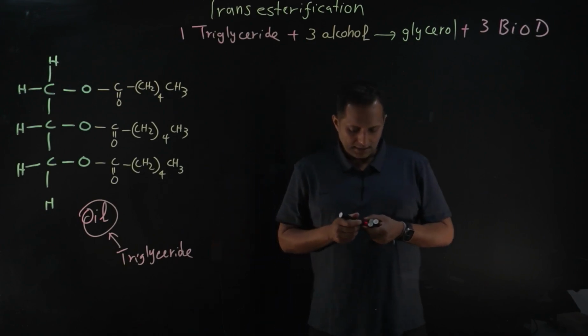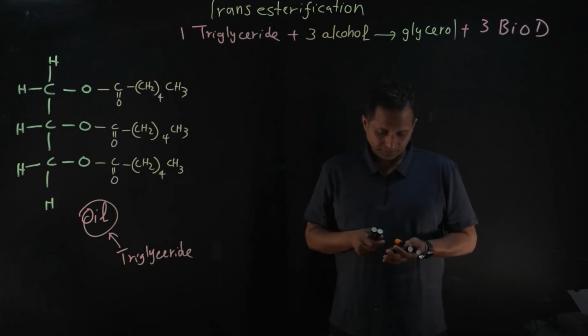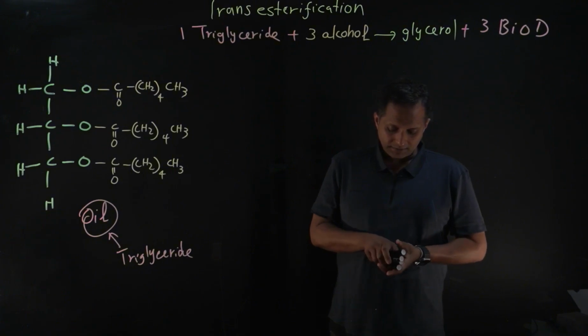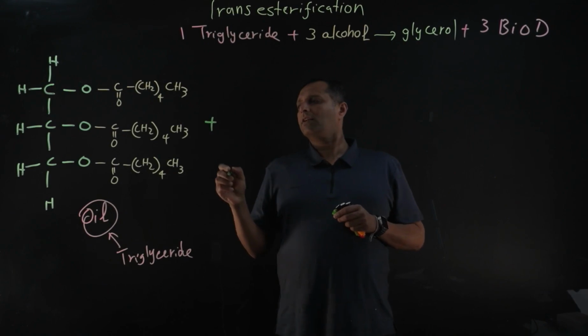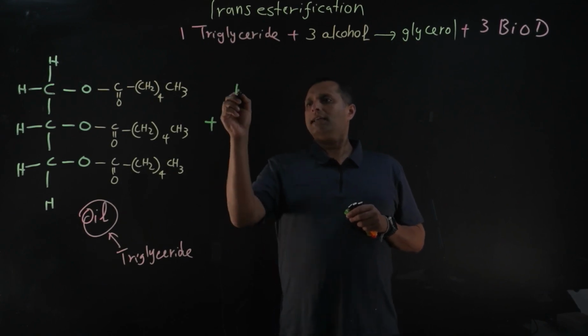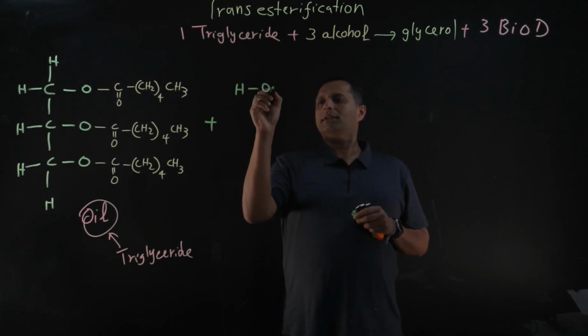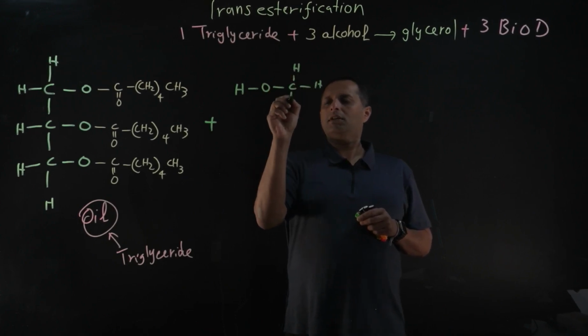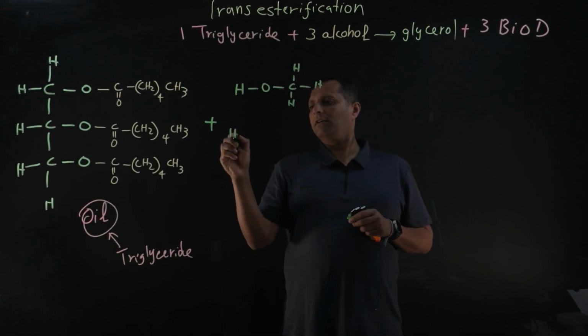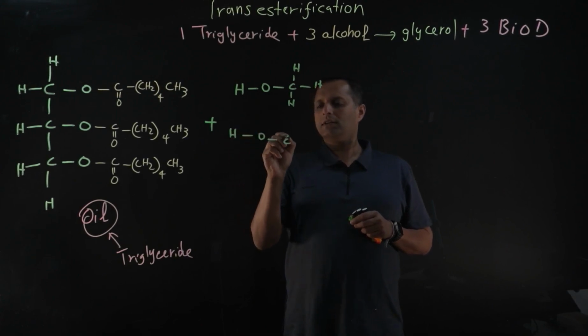Alright, let's start making biodiesel through transesterification. Now, in order to do that, you need 3 molecules of alcohol. Okay, let's start using methanol. Alright, so this is 1 molecule of methanol, and we need to have another one like so. You see?